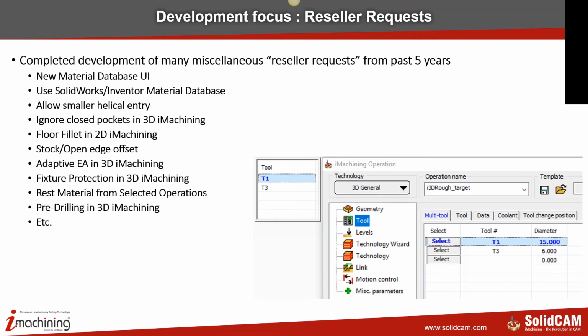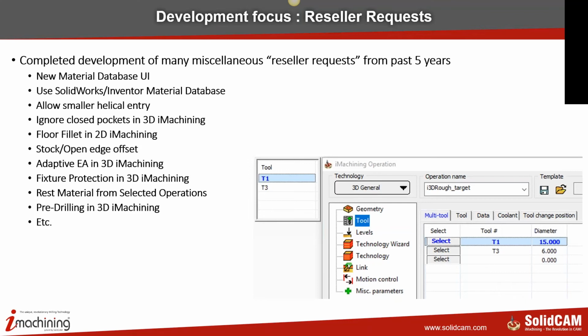So this is a brief list, and many of these items have been on our list for probably almost 8 years. Things we've always wanted to do, but really just didn't have the chance to work on. Some of these include the new material database UI. We have the new material database UI that matches SolidWorks. You can now use SolidWorks and Inventor materials directly, and we pulled that directly from the CAD system.